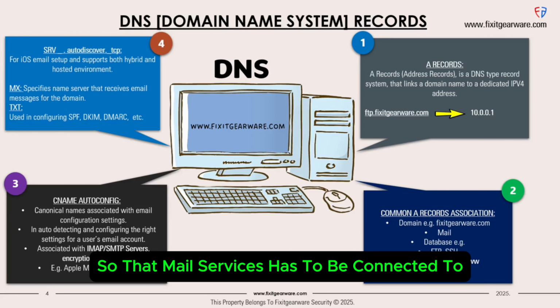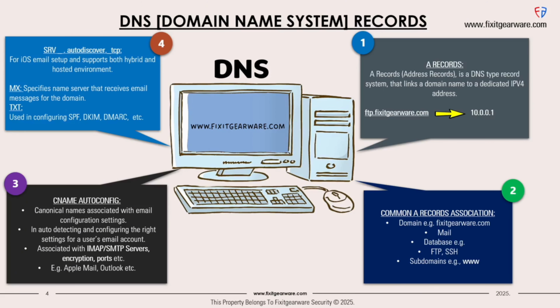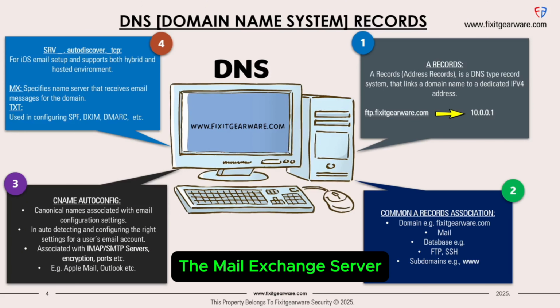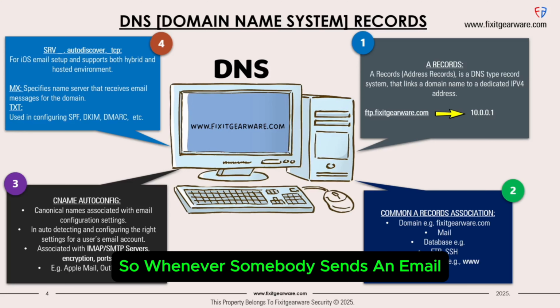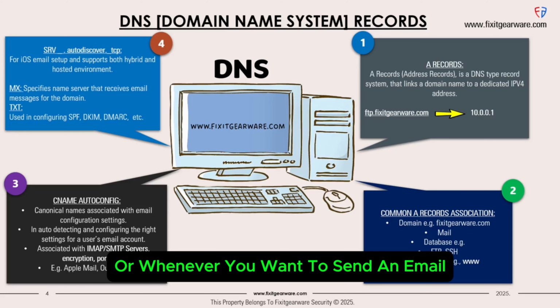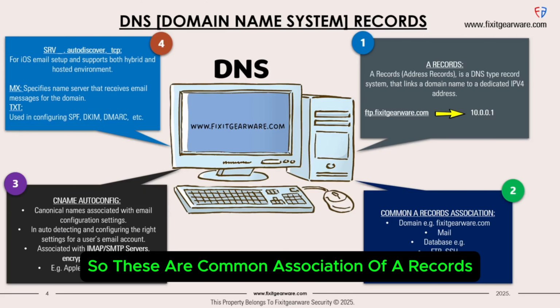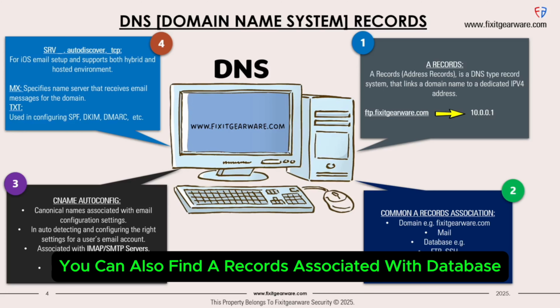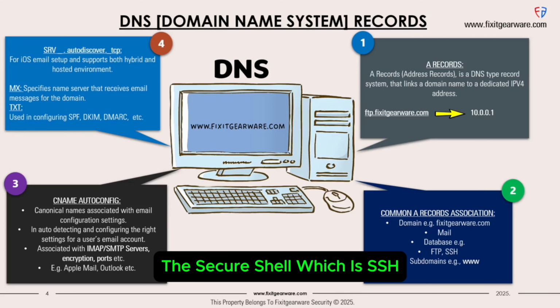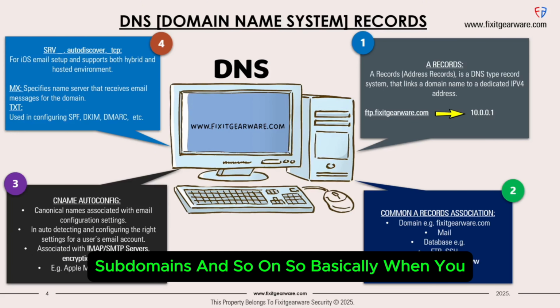So that mail service has to be connected to a mail exchange server. So whenever somebody sends an email, or whenever you want to send an email, it's going to be tied to that IP address. Okay. So these are common associations of A records. You can also find A records associated with databases, the secure shell, which is SSH, subdomains, and so on.